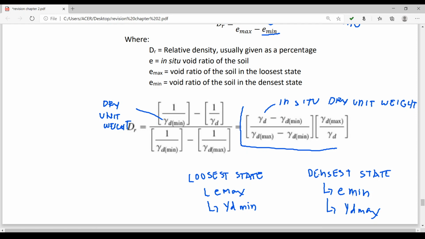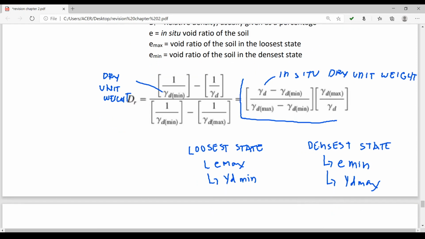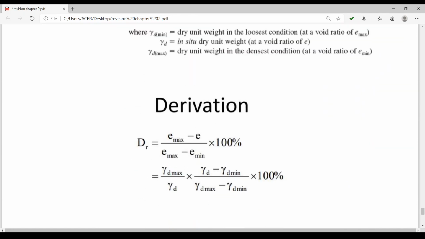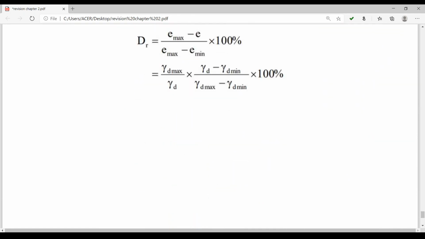Baliktad naman, kapag sinabi na this is the dry unit weight at the loosest state, and that is the YD min. Kapag naman sinabi na this is the dry unit weight at the most compact state, then that is your YD max. Yun lang. Pareho lang naman to.